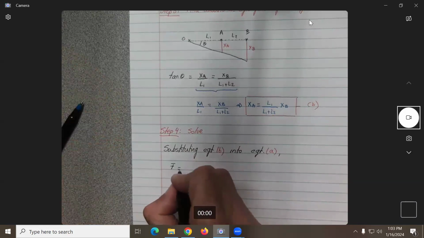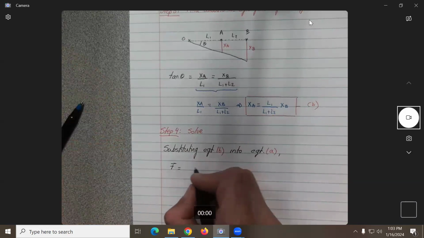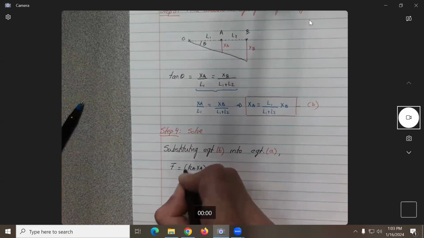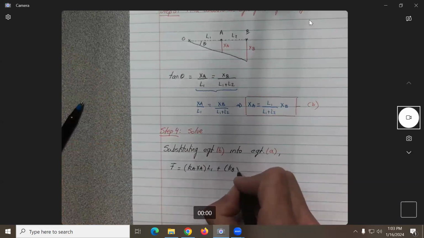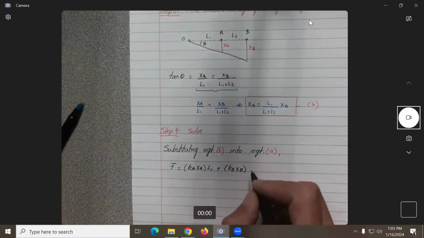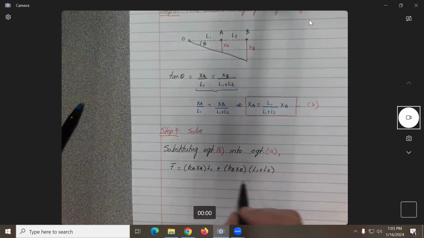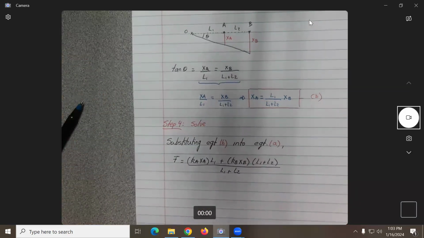We have F equal to K sub A X sub A over L1 plus K sub B X sub B times L1 plus L2 divided by L1 plus L2.